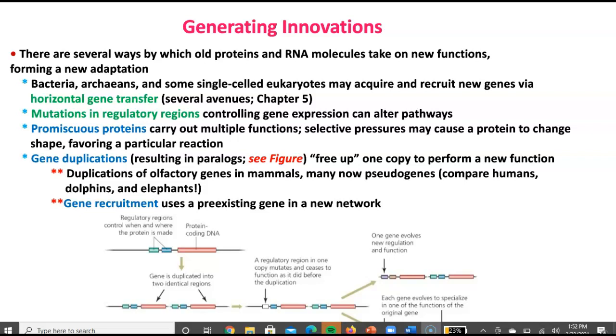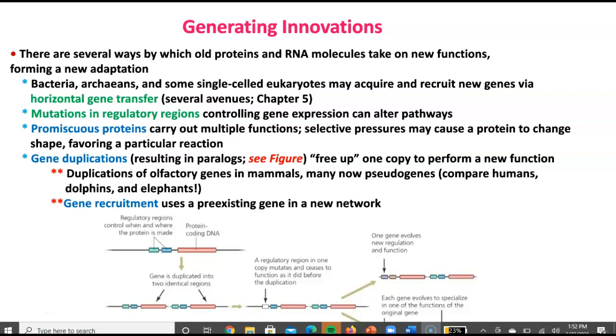A great example that your chapter talks about, read the details about this, is duplications in olfactory genes in mammals. So having many, many genes that are producing protein receptors, olfactory receptors, that are able to receive different chemical signals.